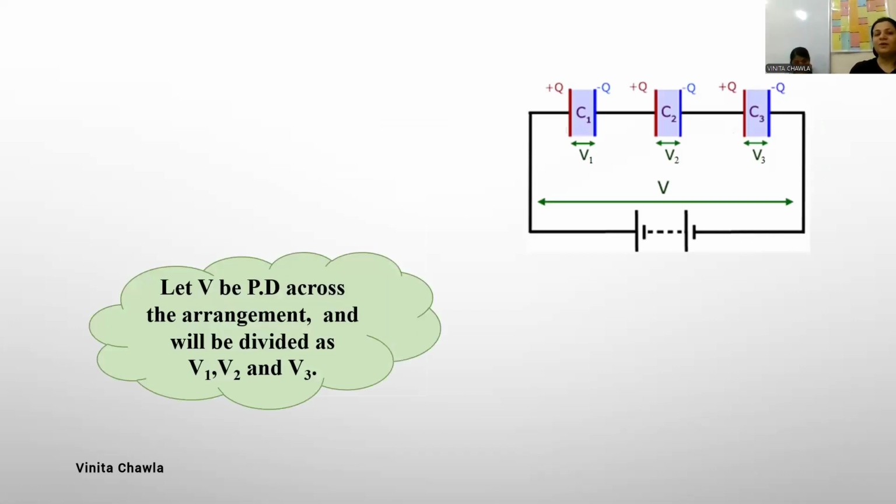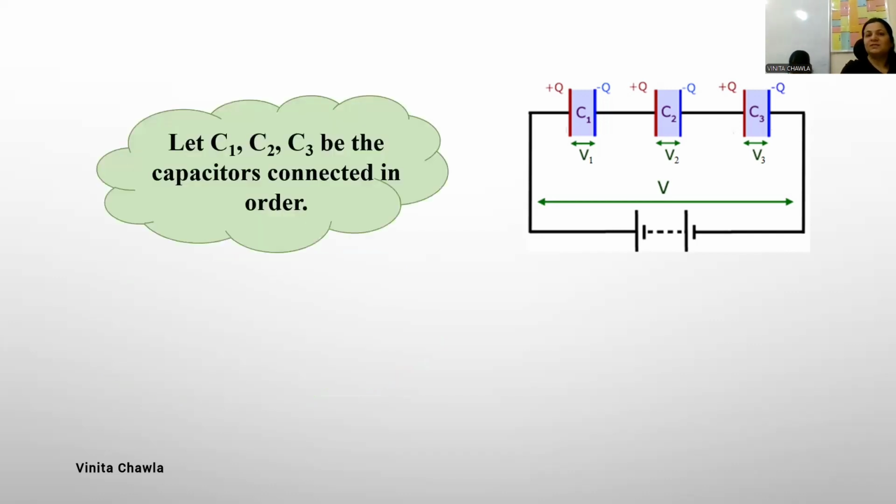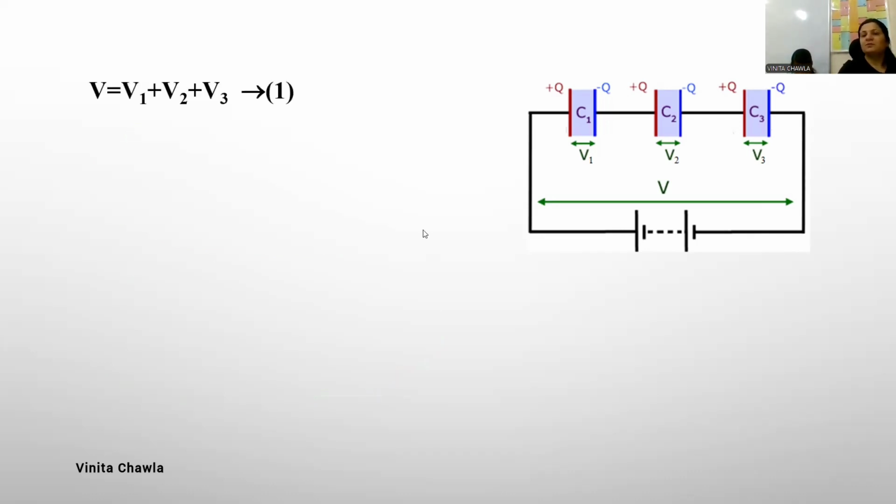So let V be the potential difference across the arrangement, and it is divided as V1, V2 and V3. Let C1, C2, C3 be the capacitances. This is how we find the net potential: V is V1 plus V2 plus V3. We simply add all the potential drops and equate it to the net potential.